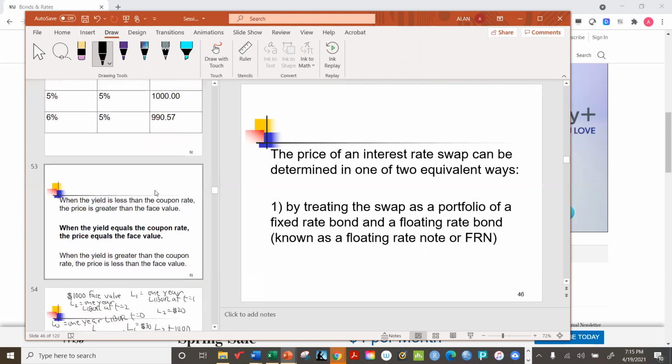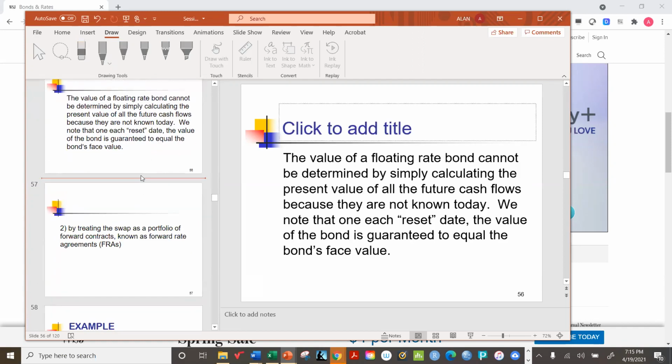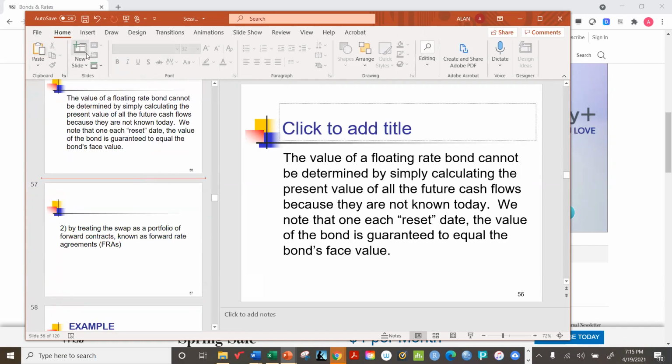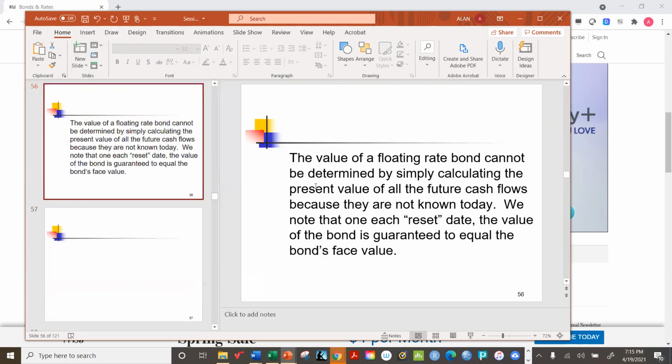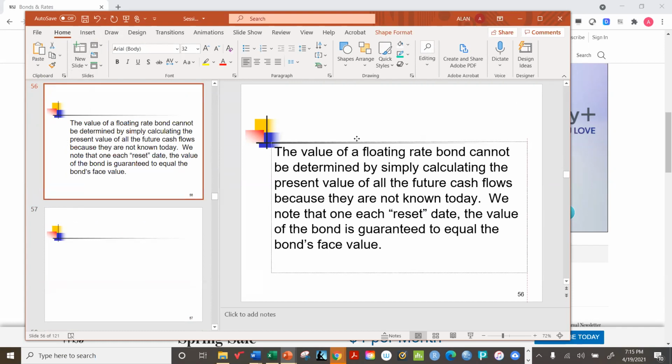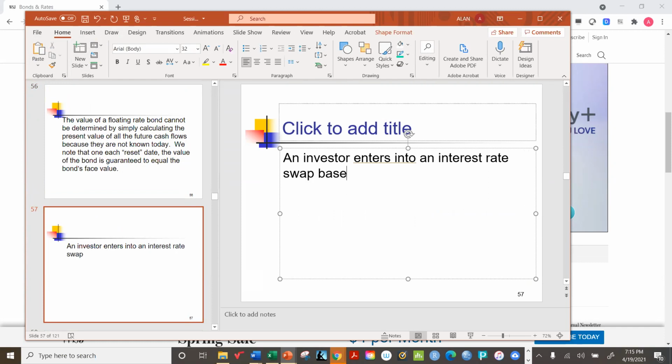Now, by the way, let me just show you why that must be the case. Why is it the case that you've got simply a portfolio of 2 bonds? All right, well, let's look at it this way. I'm going to create a timeline. An investor enters into a swap, interest rate swap, based on a notional principal of $1 million.